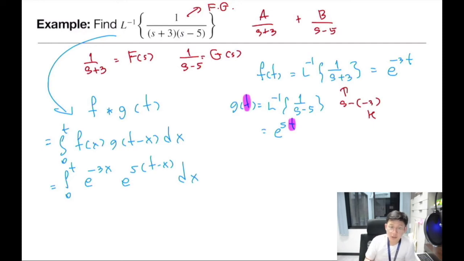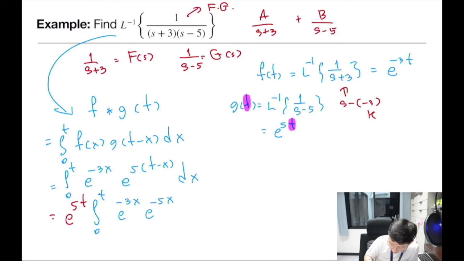And guys, we integrate with respect to x, which means that t is considered a constant, so we can pull it out. So here we would have e to the 5t times the integral from 0 to t of e to the minus 3x e to the minus 5x dx. So we get e to the 5t times the integral from 0 to t of e to the minus 8x dx.